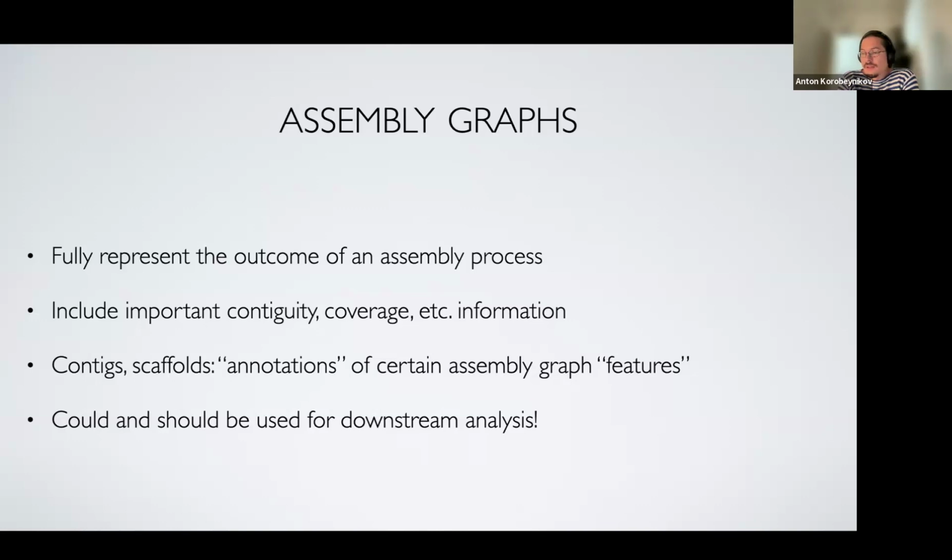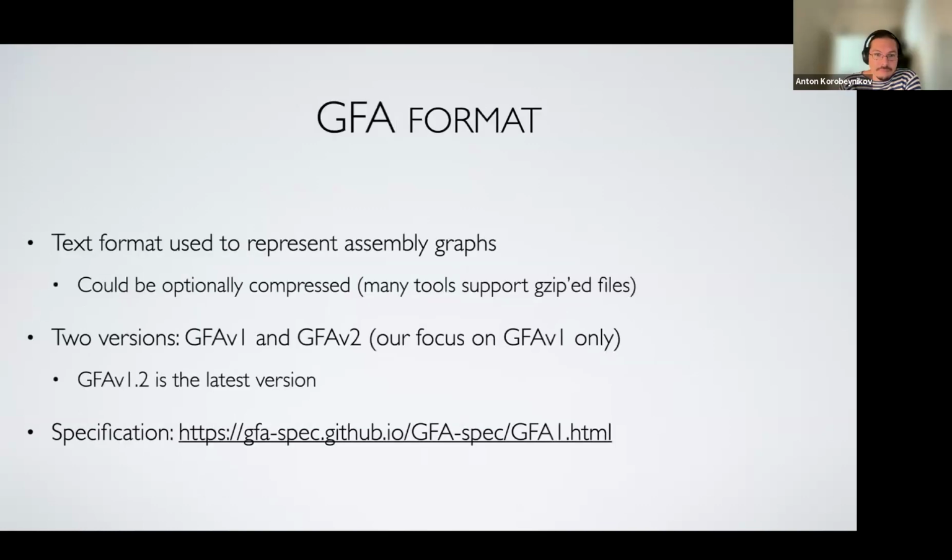Fortunately, recently a decent number of tools emerged for the analysis of assembly graphs, and I'm pretty happy to see the increased spread of the graphs, especially for metagenomes. So that's great. Another thing is that with assembly graphs, fortunately, we have a more or less de facto standard used to represent them.